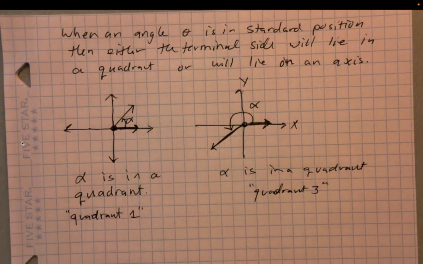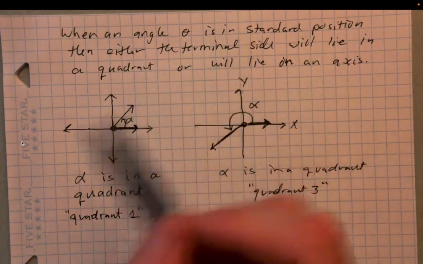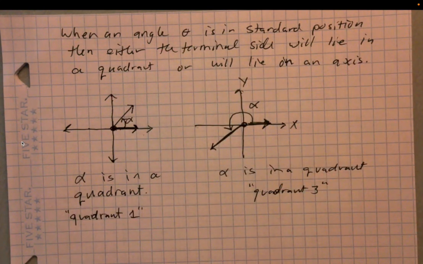Okay, so this is the first option. In this case, the terminal side lies in a quadrant. The other option is that it will lie on an axis.